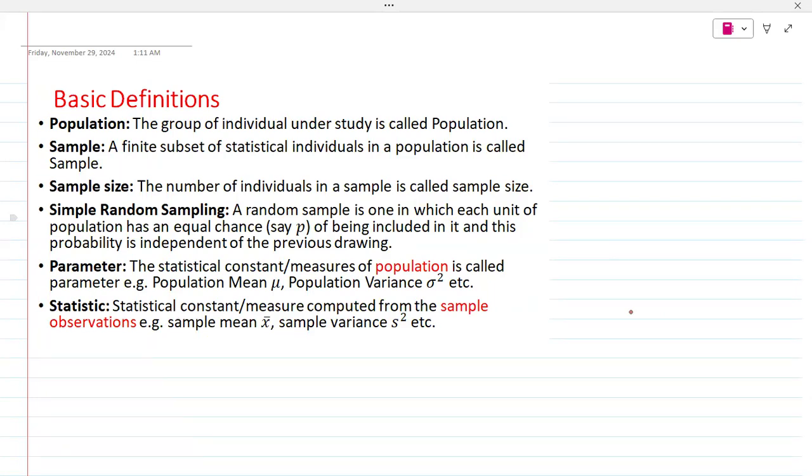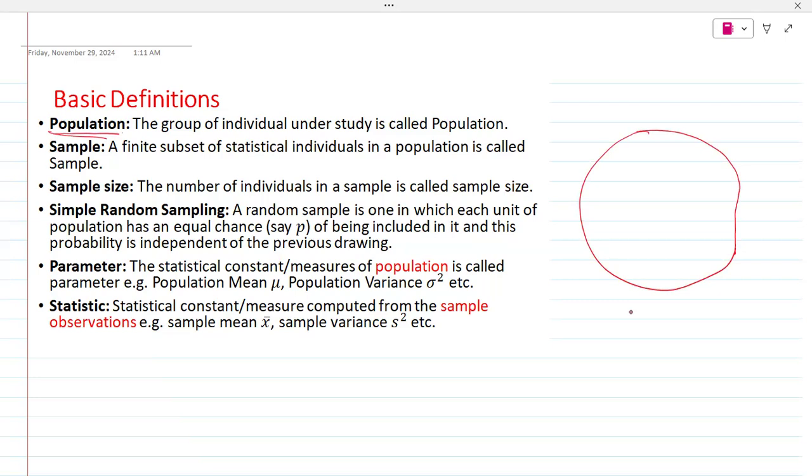So now we have some basic definitions. First one is population. Population I have already discussed. Population is the larger set of persons or things about which we want to estimate something. In one of the previous examples, this population was the state of Delhi.